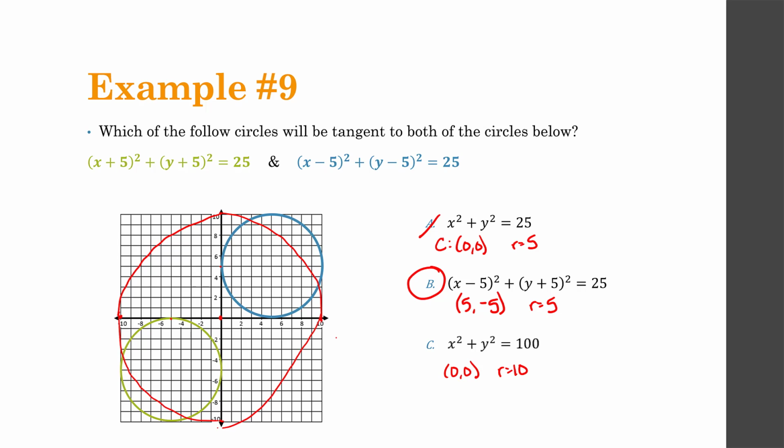And we again see that this circle we just sketched on here, it's crossing through the centers, the middle of each, the green and the blue circle. So this also is not tangent because tangent only touches, it does not go through. So we can cross that one off as well. So on this problem, the only circle that is tangent is option B.